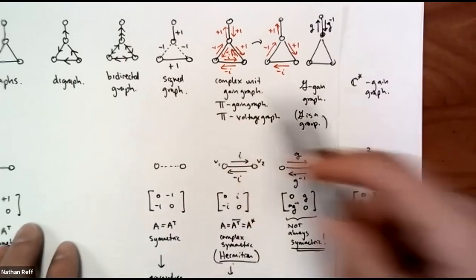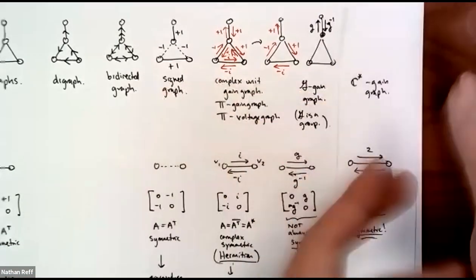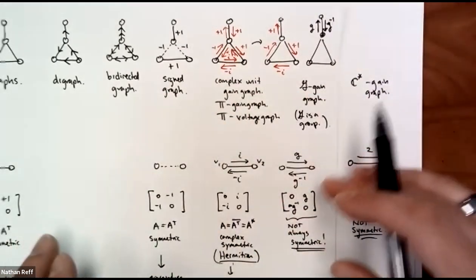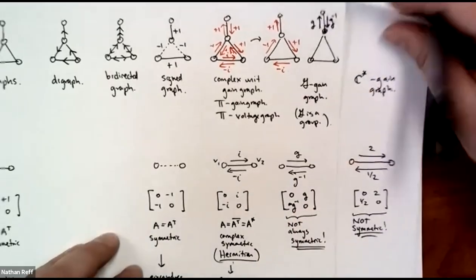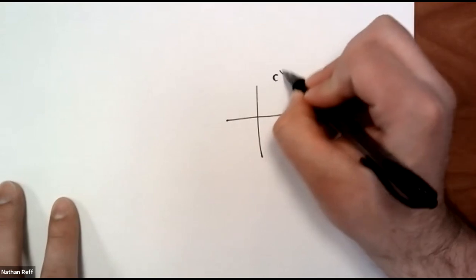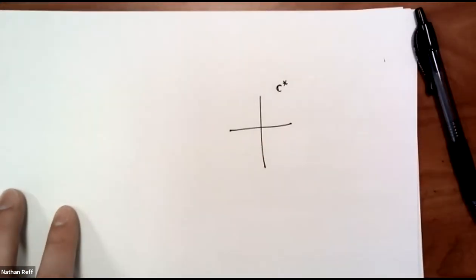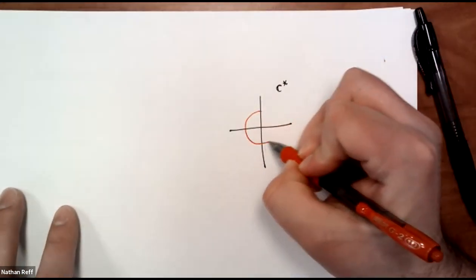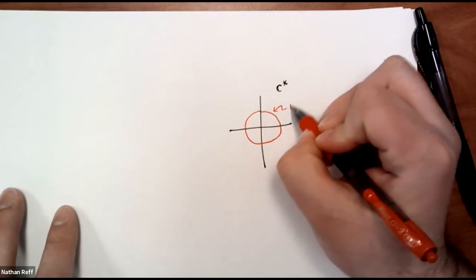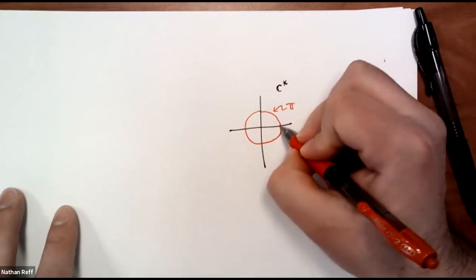So you know how the complex units create this circle in the complex plane. Okay, so here's C star. The complex units are right here. Okay, so you can pick anything on that circle.